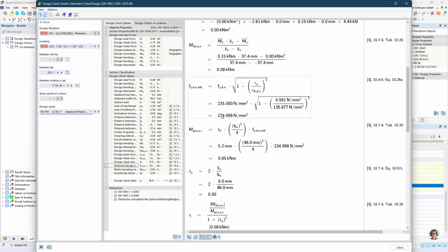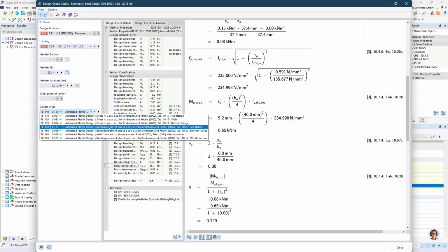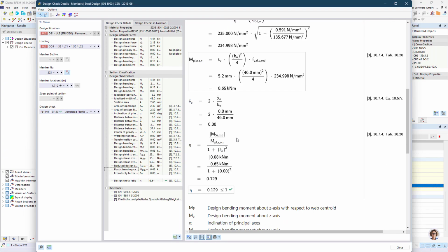So, with this reduced yield strength, we do the design check for the bending moment. Again, with this final design check equation, and now we already receive a design check ratio of 12.9%.